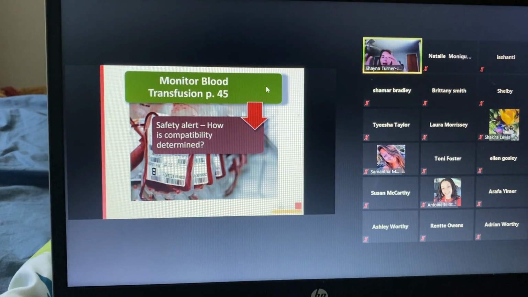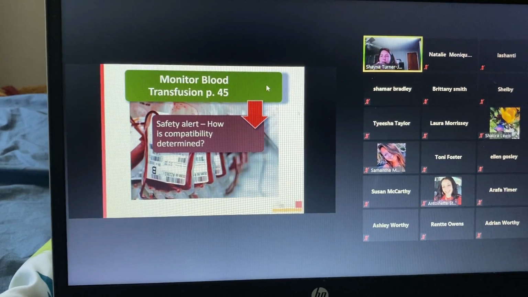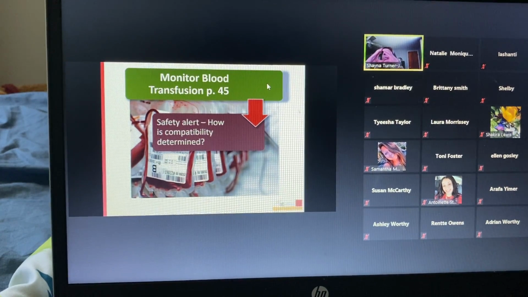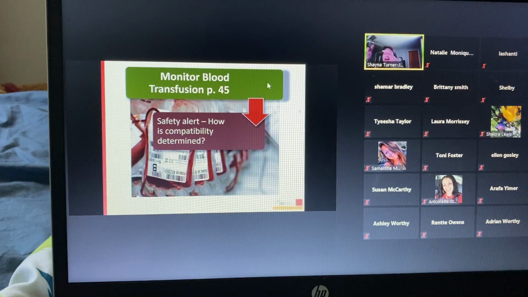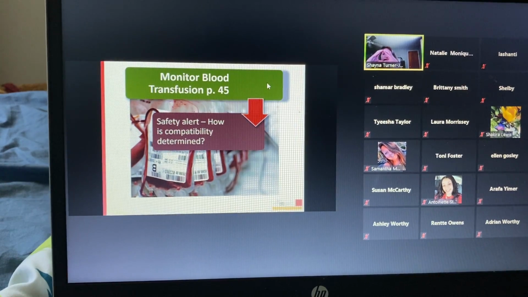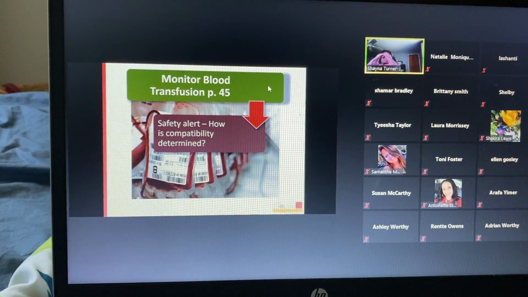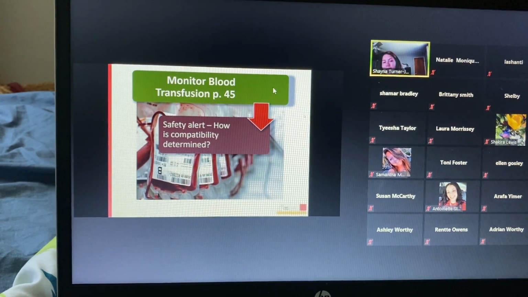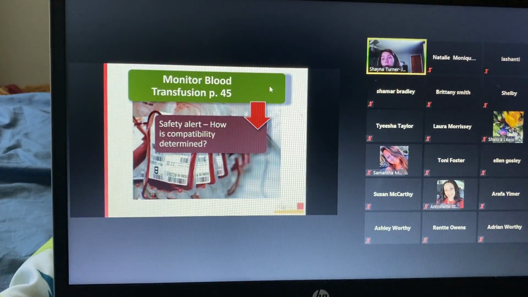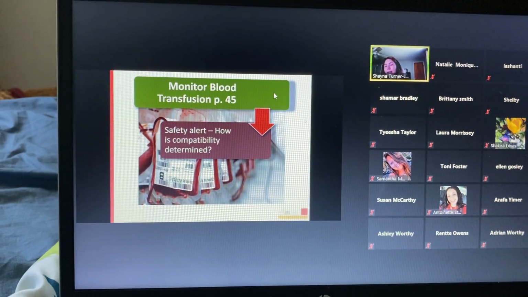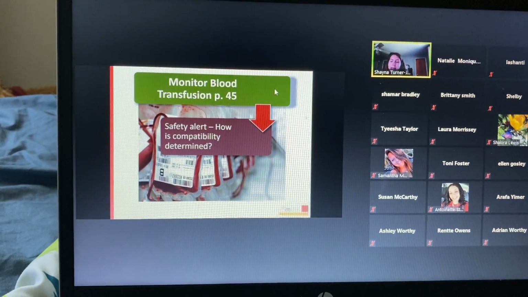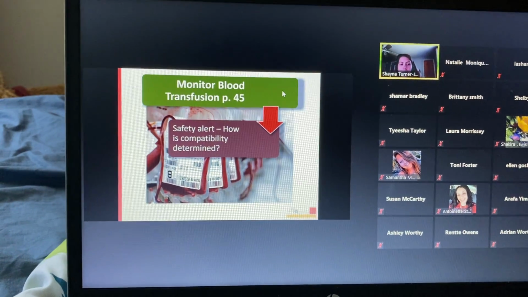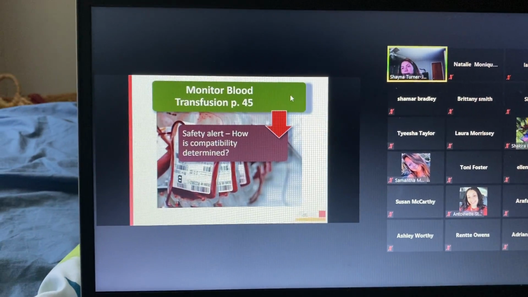Other cells of the body can then determine what kind of cell that is. If you have B, you have B antigens. If you have AB blood, you have A and B antigens. But if you have O blood, on your blood cell there's no antigens. So if we gave somebody who has AB blood, O blood, their body doesn't recognize it as foreign. There's no antigens on the surface of that blood that make the body recognize it as foreign.